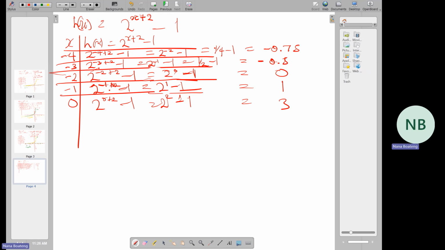The next one is -2 and 0, about this point. The next one is -1 and +1, so -1, +1 is about this point. And the last one is 0... No, I think that's a mistake in this point.